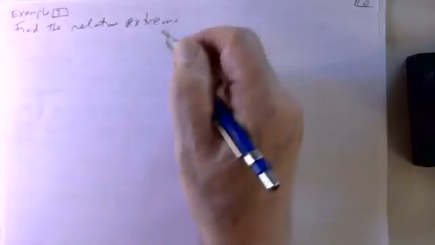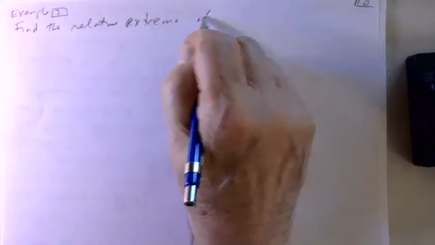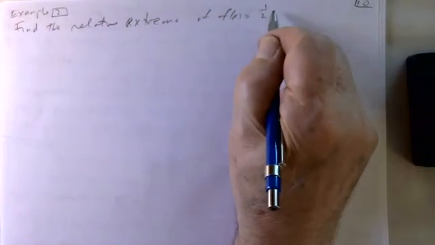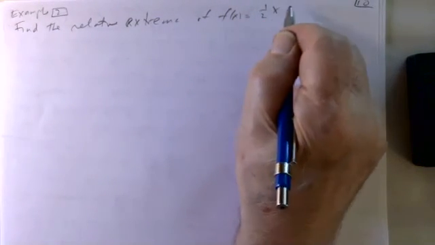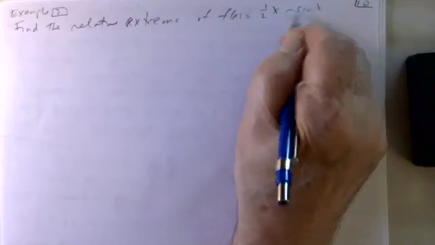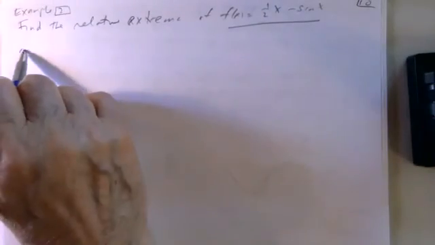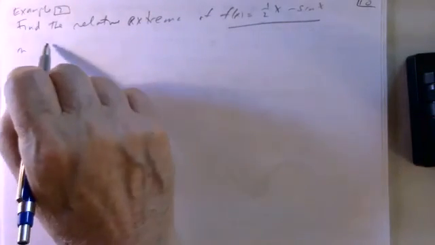Find the relative extrema, that means relative maxima and relative minima, of the function f of x equals 1/2 x minus sine x on the open interval from 0 to 2 pi.